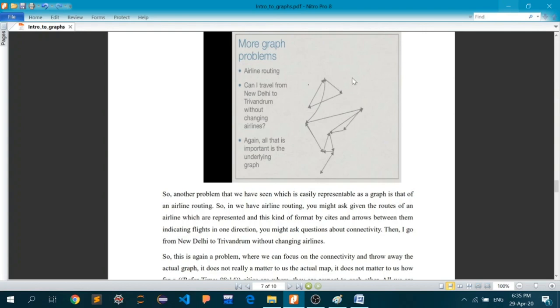Okay. So if I have to go from New Delhi to Trivandrum, first I have to fly from Delhi to Mumbai, then Mumbai to, let's say, Bangalore, and then from Bangalore to Pune, then to Hyderabad, and then again to Trivandrum. I cannot go from this particular airport to this particular airport because the connection is not a two-way connection.